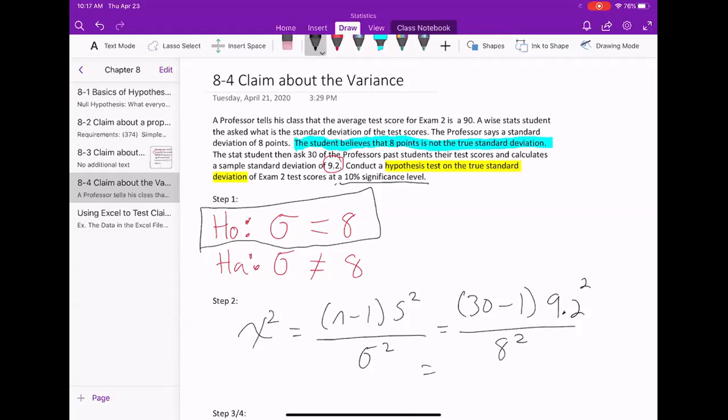So parentheses, 30 minus 1, close parentheses, times 9.2 squared divided by 8 squared. I got 38.3525. I got 38.3525 as well.